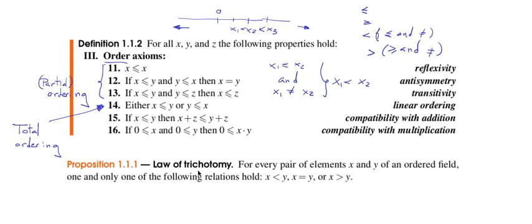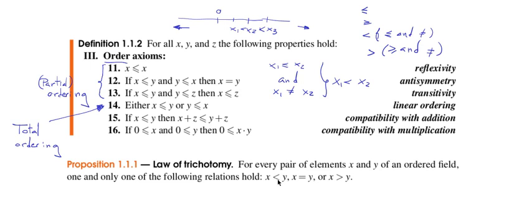The first thing we prove is called the Law of Trichotomy. It says that for every pair of elements x and y of an ordered field, any field, one and only one of the following relations holds. It's either x is smaller than y, x is equal to y, or x is greater than y.